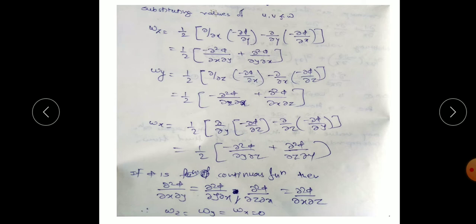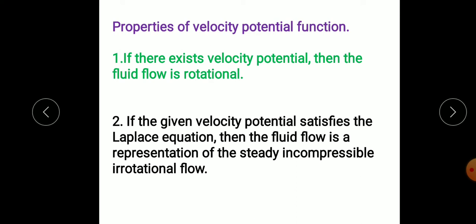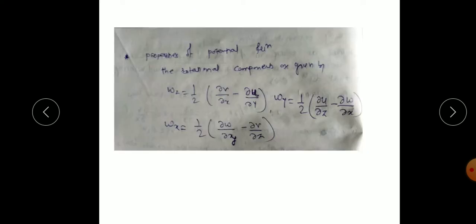So when the Laplace equation is satisfied, any value of potential function φ that satisfies the equation gives rotational components ω equal to 0, and then the flow is irrotational.